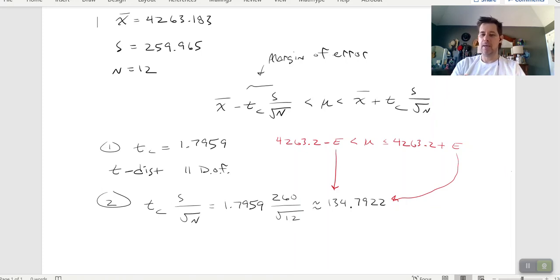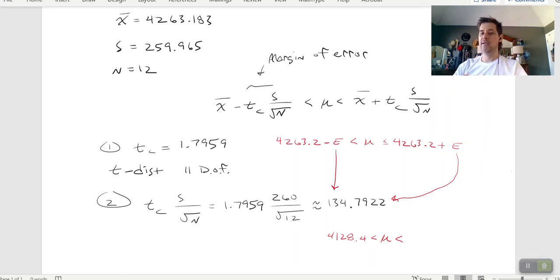4263.2 minus 134.7922. And I put more digits than I think I'd actually need just to be safe. So I'll get 4128.4. Okay, so that's this one, 4128.4.